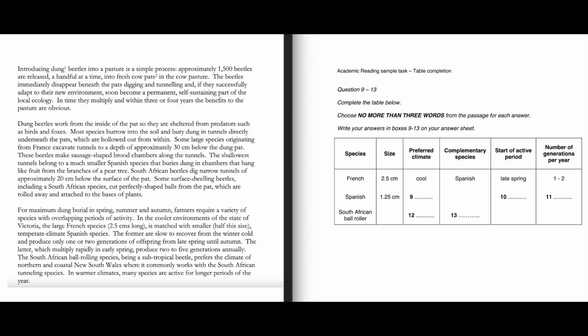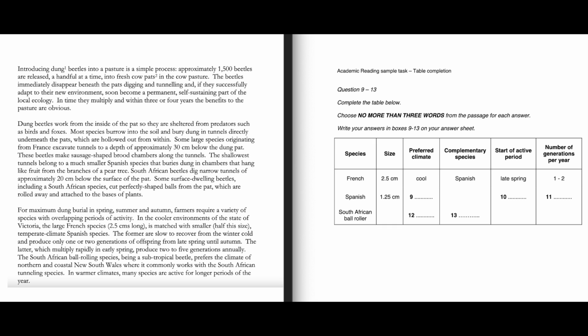The latter, which multiply rapidly in early spring. When they say multiply rapidly, it means that's the time when they are active. So they are talking about the active period of the Spanish species, which is early spring. They have not used the exact same words as the question, which is the active period. Instead, they say that it multiplies rapidly in early spring.